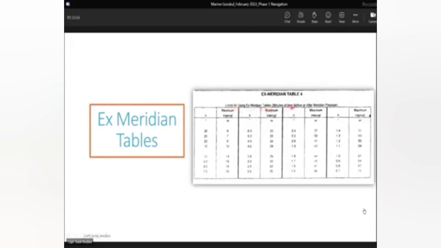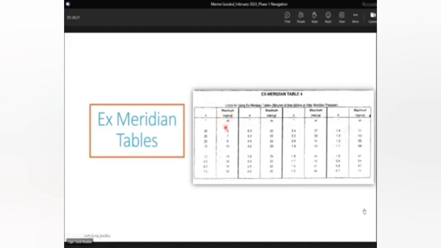The limit is in minutes of time before or after meridian passage. You can see the factor A mentioned in this column, starting with 30, 25, 20, 15, and so on, going up to 0.7 in the last column. With this factor, you have the maximum interval given in minutes of time.